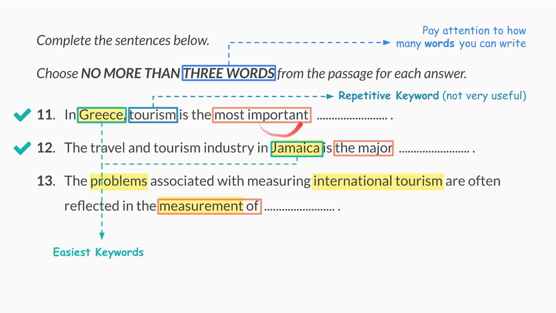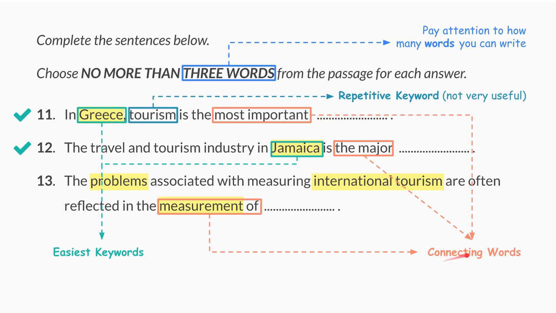So these surrounding words are important because they tell us if our answer correctly fits in this sentence. See, these are connecting words. These are words to which your answer should connect. If your answer does not connect with these words, grammatically speaking, then your answer is probably not the correct answer. Okay?